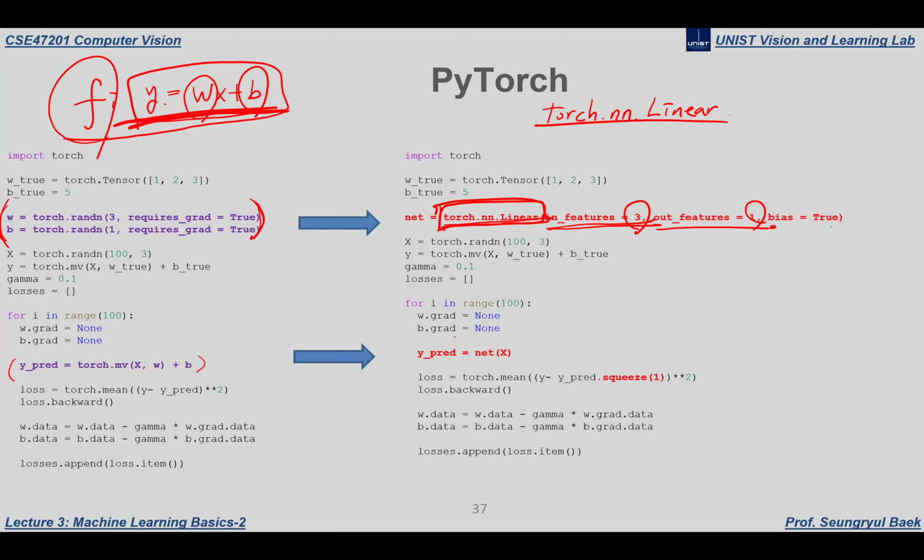And bias=True means we will use b. If you use False for this, then your function is just this.